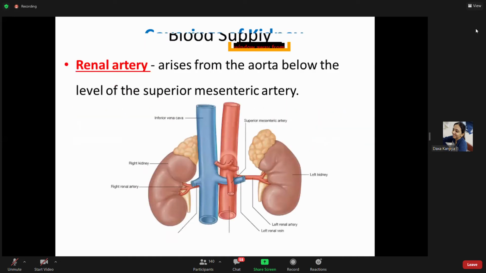Blood supply of the kidney. As we know, the kidneys are supplied by the renal artery. Both right and left renal arteries are branches of the abdominal aorta. The level of the origin of the renal artery lies just below the origin of the superior mesenteric artery.